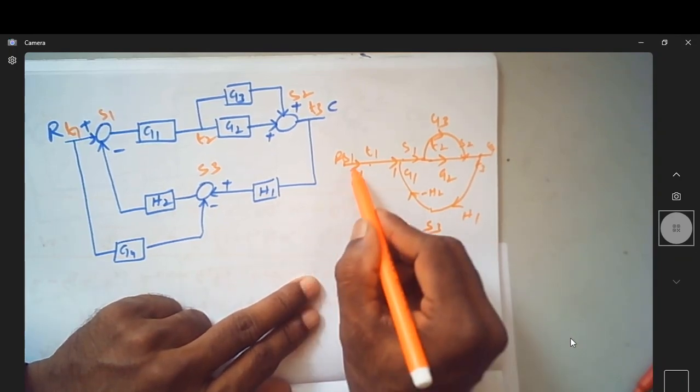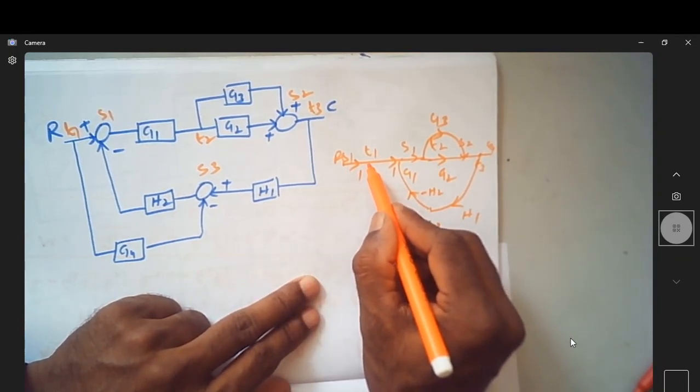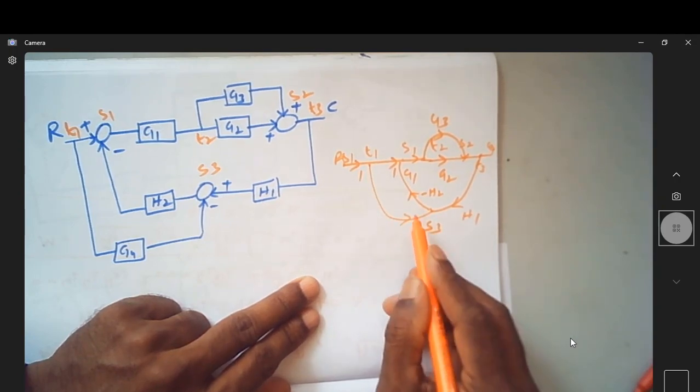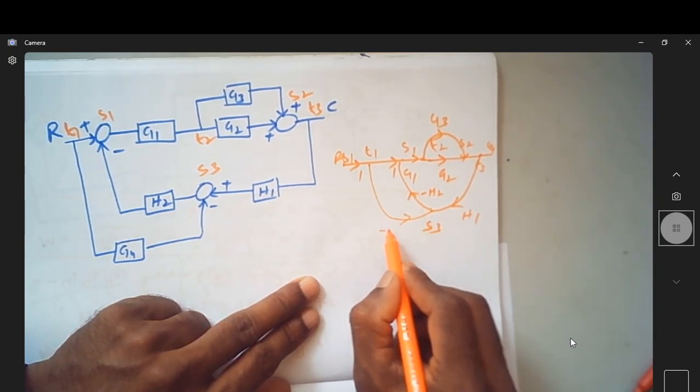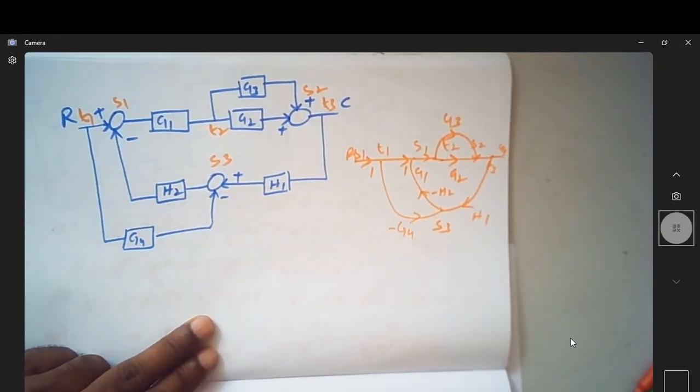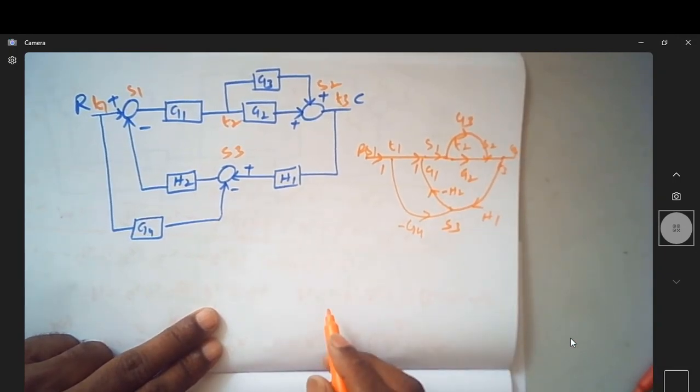Then from this takeaway point, it is minus G4, from T1 to the third summing point.